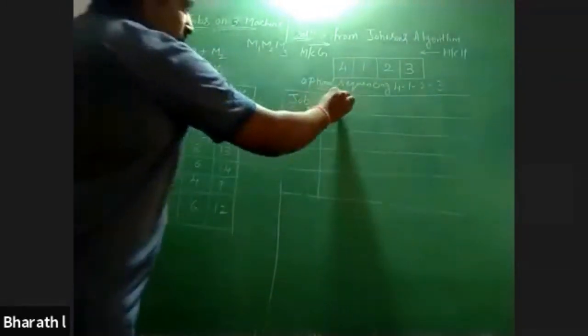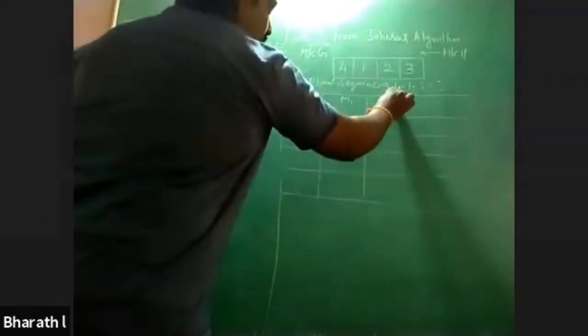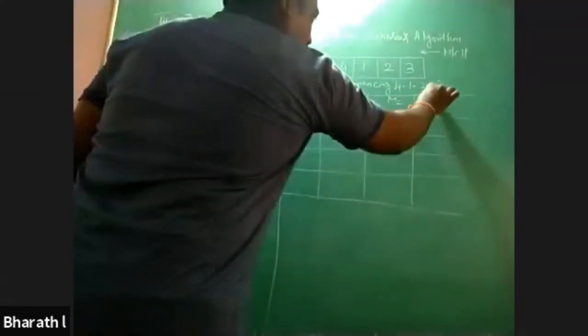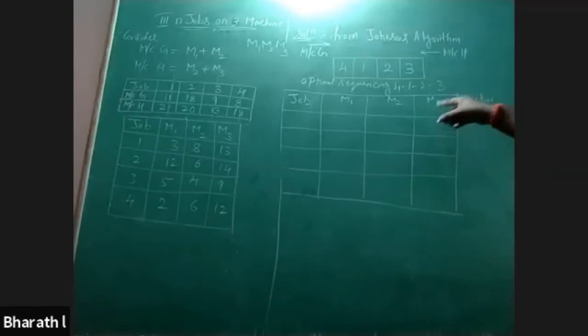That is, here you have to write M1, M2, and M3. The last you need to write idle time for the last machine, that is for machine 3.